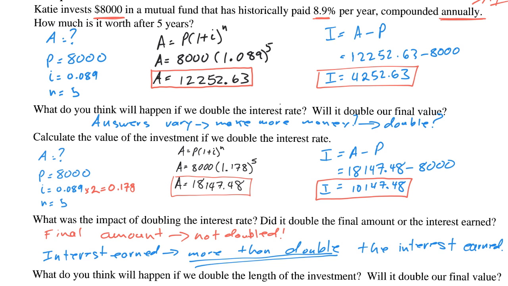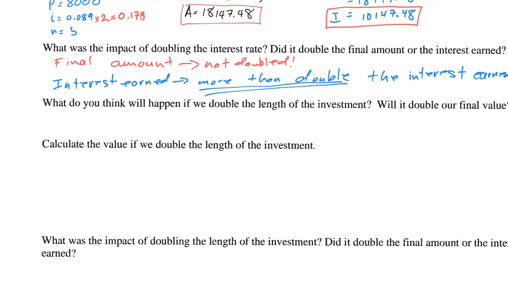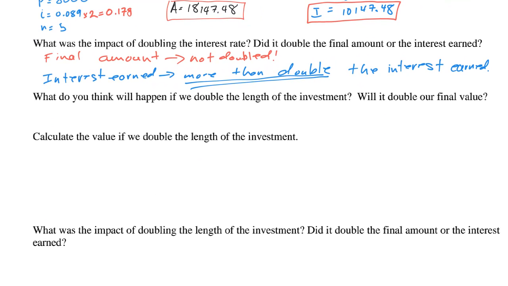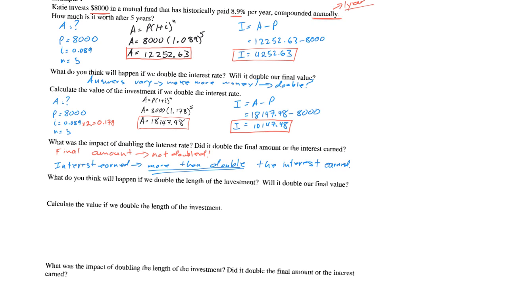Okay? Now, let's take a look at what would happen if we change the length of the investment. Let's do those calculations again based on what we had before. Remember, we originally started with this calculation where it was 8.9% for 5 years.